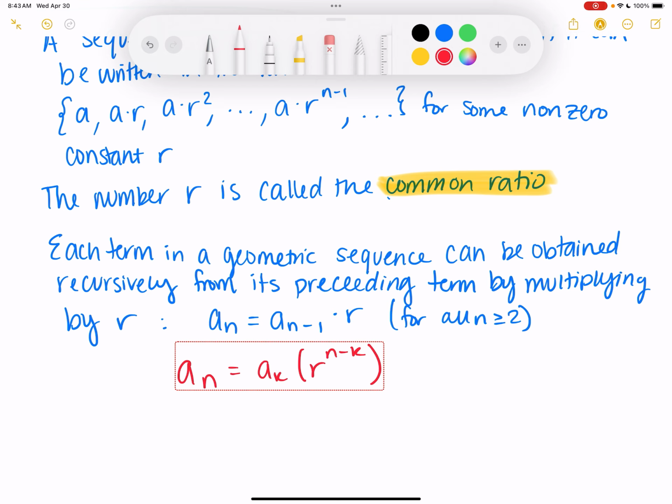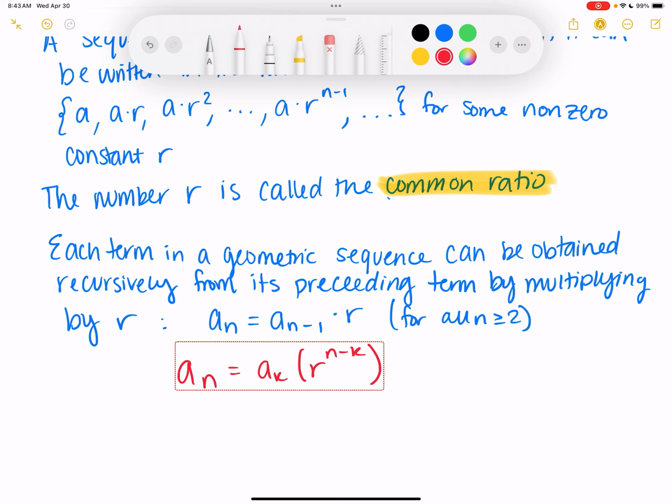So that means basically whatever term we do have, a sub k, a sub n is what we're trying to find. So a sub k would be whatever term. It can be the first term, it can be the 100th term, it can be whatever. And then r is raised to whatever we're trying to find minus whatever the number is of the one we were using.